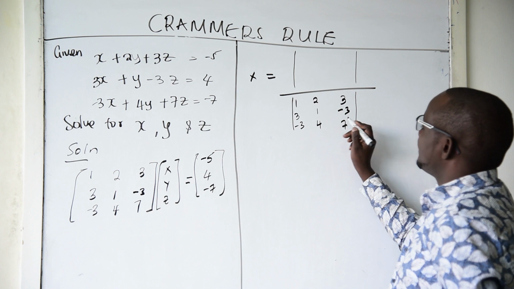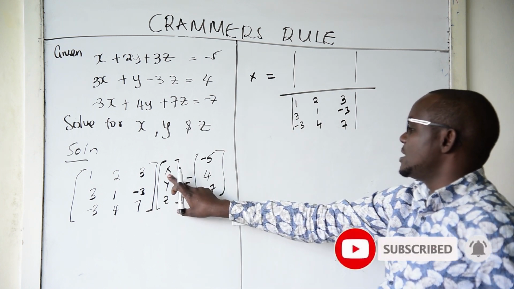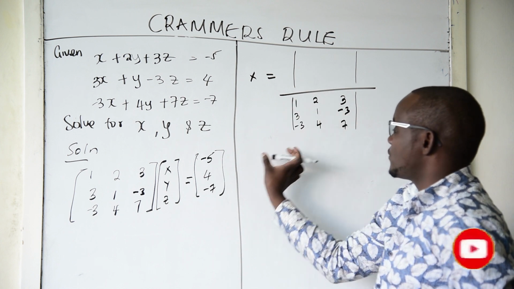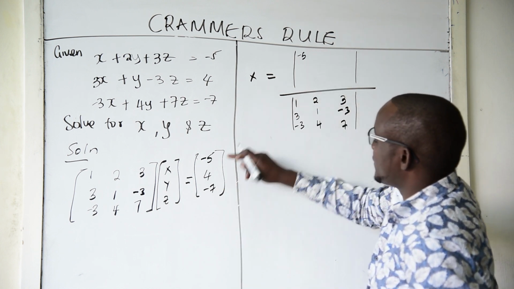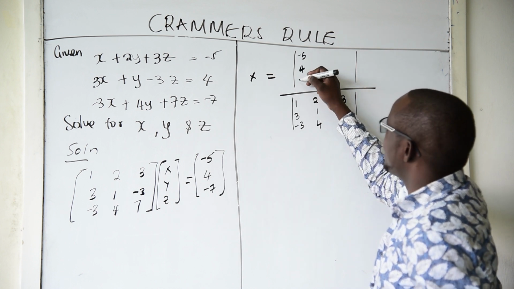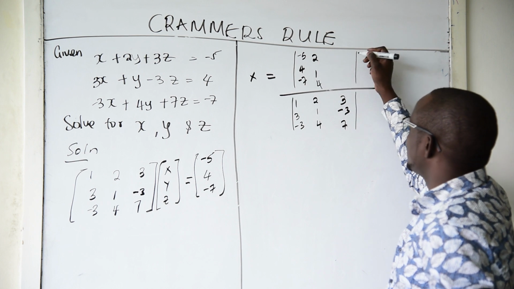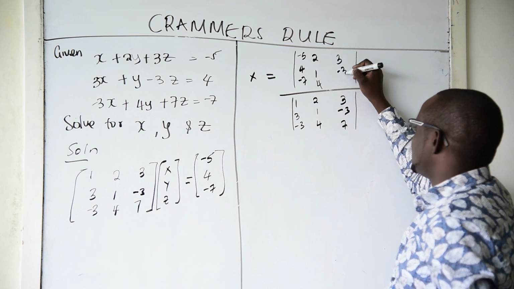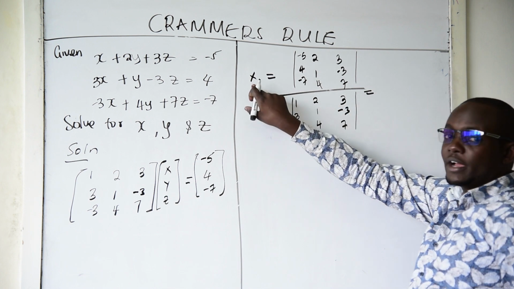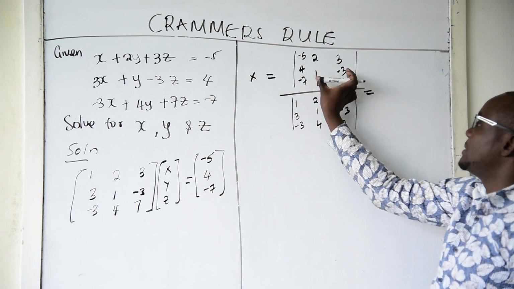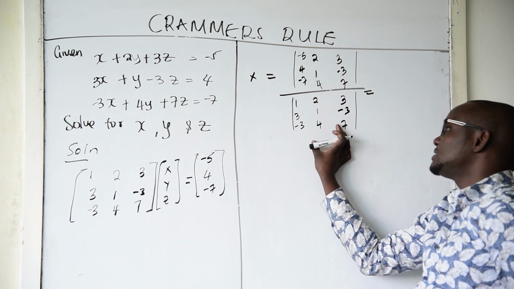The numerator, we maintain the same matrix, but since we are finding the first unknown, we replace the first column with the constants. So the first column of the numerator becomes negative 5, 4, negative 7. Then we have 2, 1, 4, and 3, negative 3, 7. To get the value of x, we find the determinant of this numerator and the determinant of this denominator.